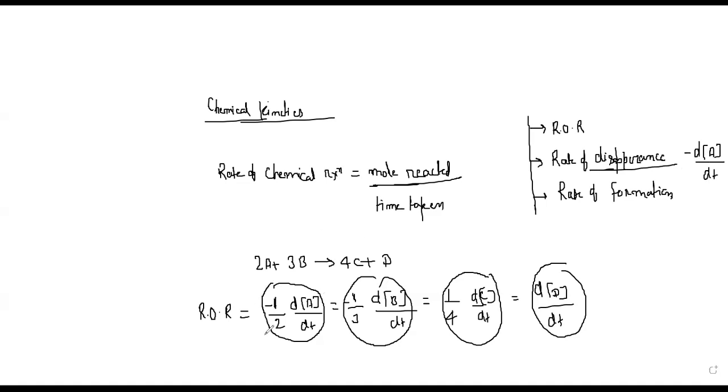No coefficient will be included for the calculation of the rate of disappearance and the rate of formation. We will use the coefficient value only when we are writing the rate of chemical reaction. For the rate of formation, this value will be equal to dC by dt with respect to C. If they are asking what is the rate of formation of D, only dD by dt will be the answer.